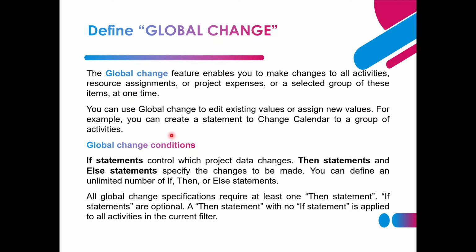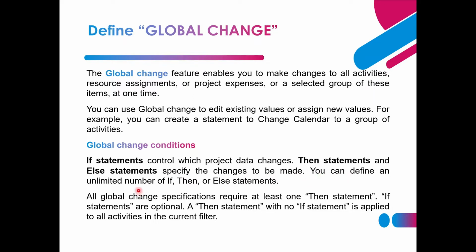For example, you can create a statement to change the calendar for a group of activities. Then we will see all the conditions we need to keep in mind when we create a global change. If statements control which project data changes. Then statements and else statements specify the changes to be made.